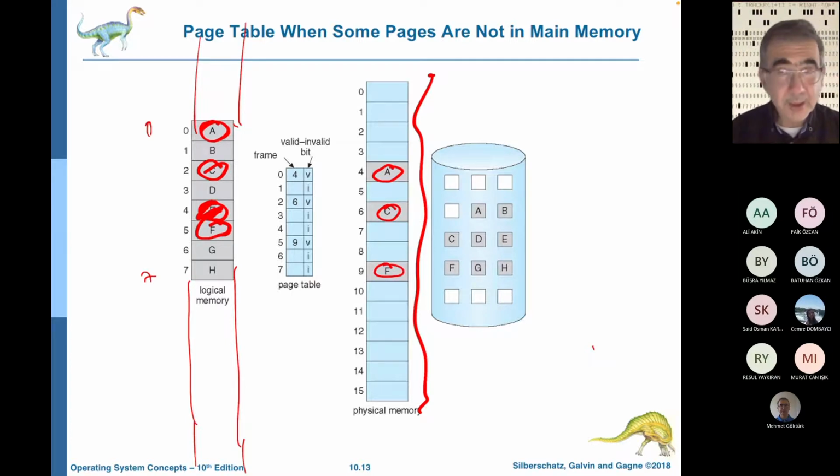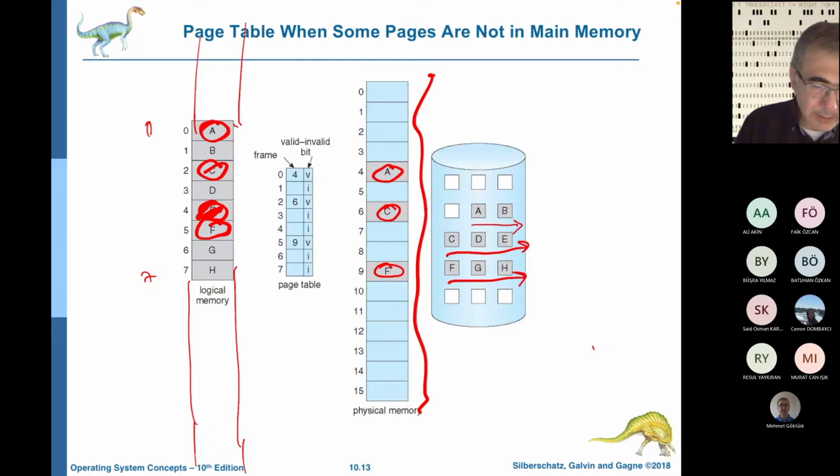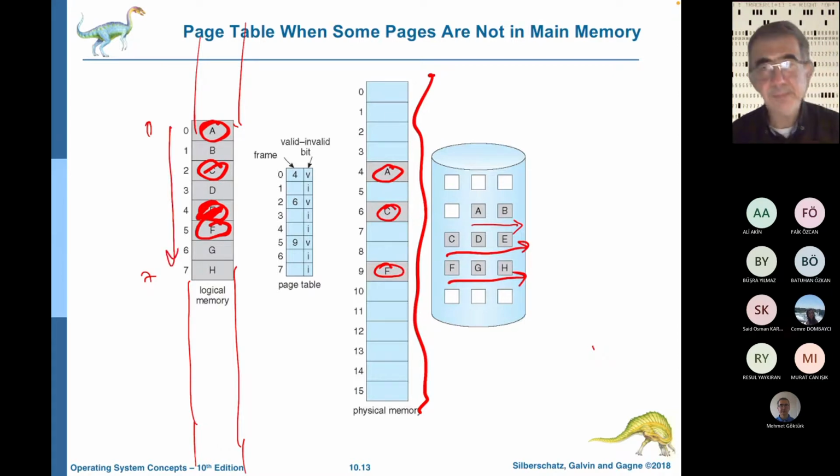On the hard drive, this arrangement is the same as this arrangement. Just like the logical memory, there are addresses. So the first one and the second one and third one.